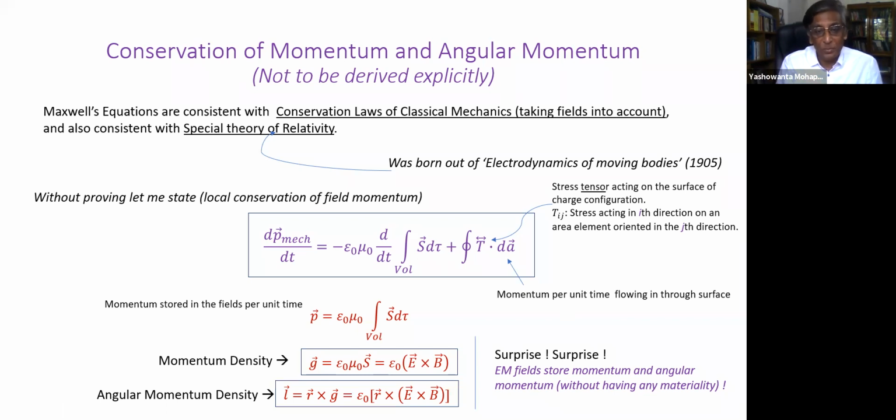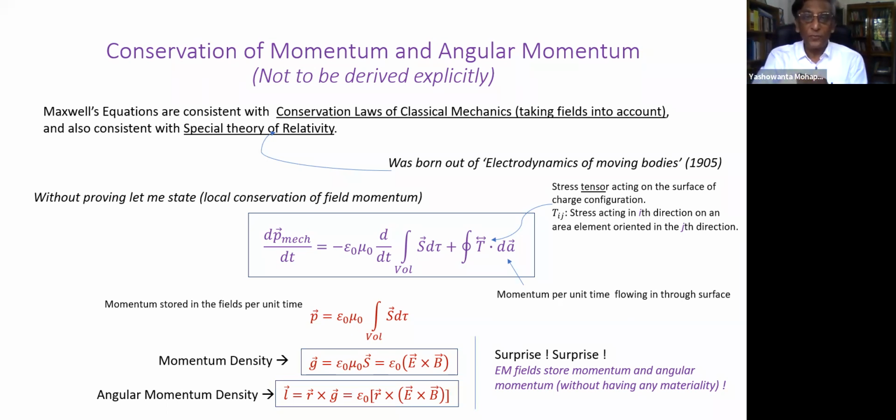That looks like a surprise, but we have seen at least two examples of angular momentum. For example, you remember while discussing Faraday's law, we had talked about an example in which the center of the wheel was a magnetic field, and the wheel was outside.